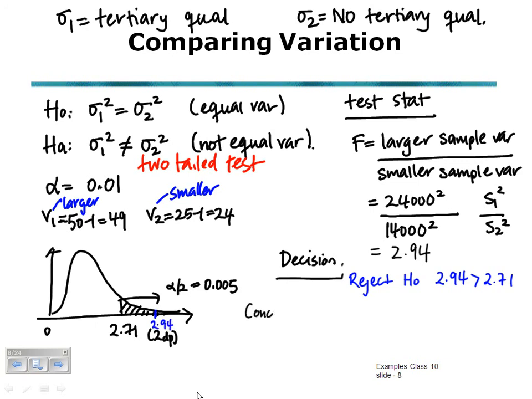Our conclusion would be we have sufficient evidence to suggest that there is a difference in variation for the two groups, so it would be correct, as we did, to do a test for unequal variances.